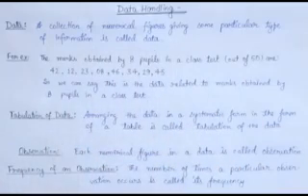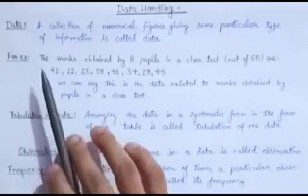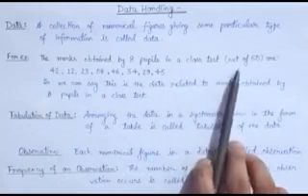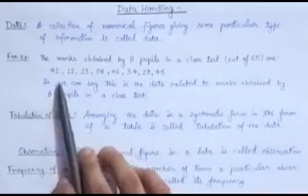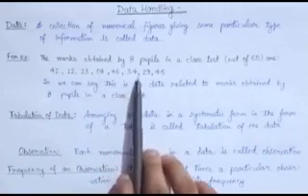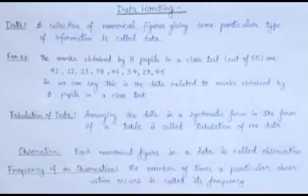Let us take an example to understand it. The marks obtained by 8 pupils in a class test out of 50 are 42, 12, 23, 8, 46, 34, 29 and 45.